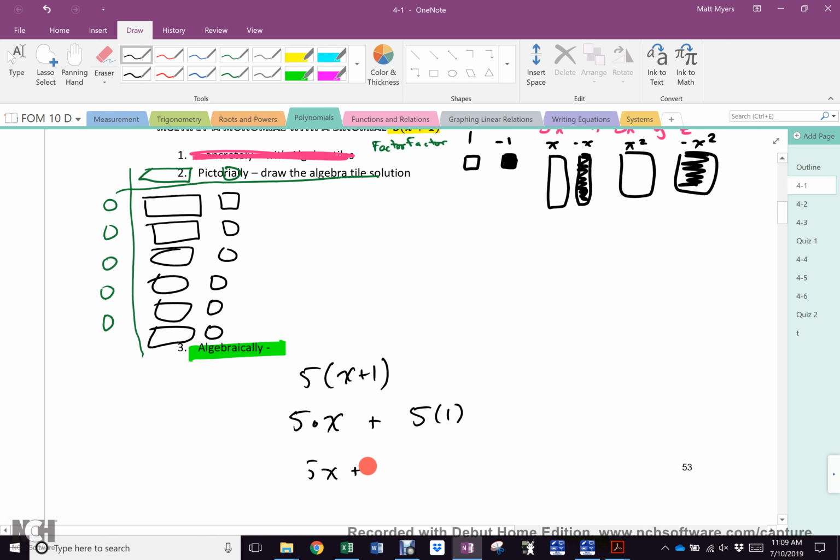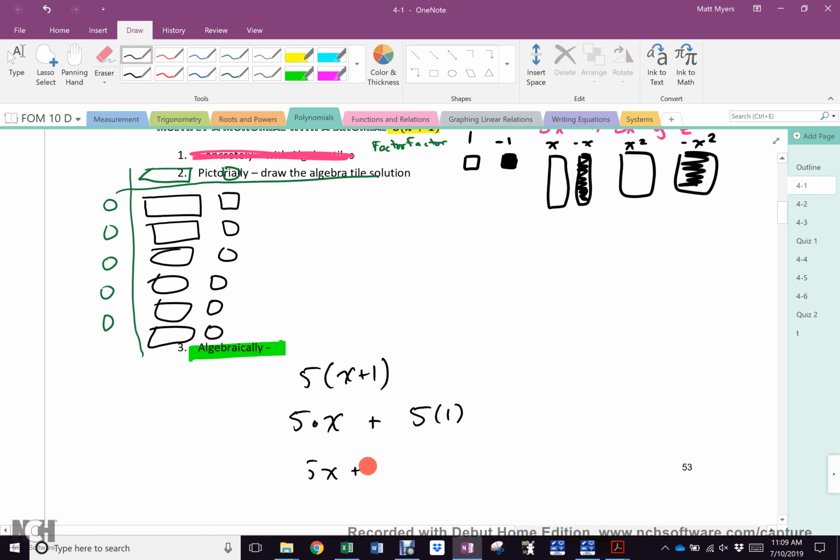The coefficient a must multiply by every term in the brackets.